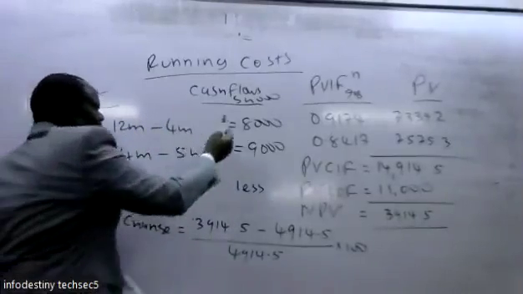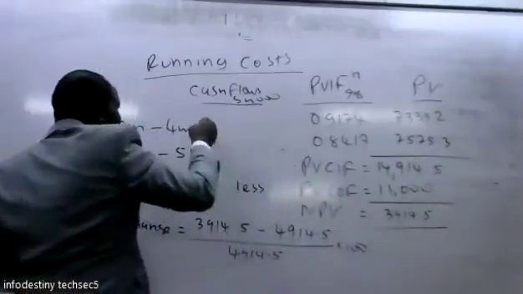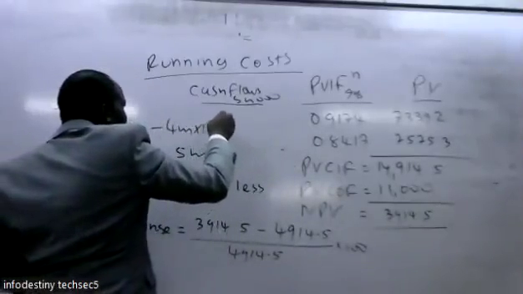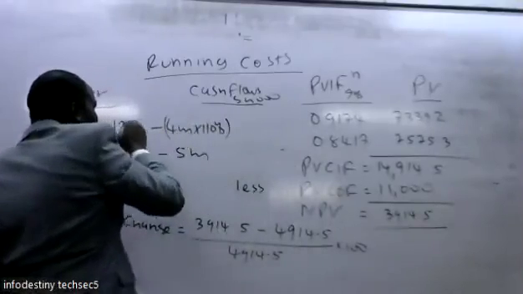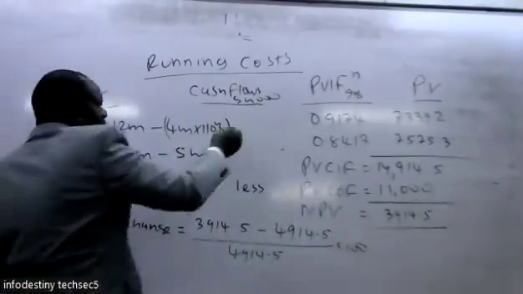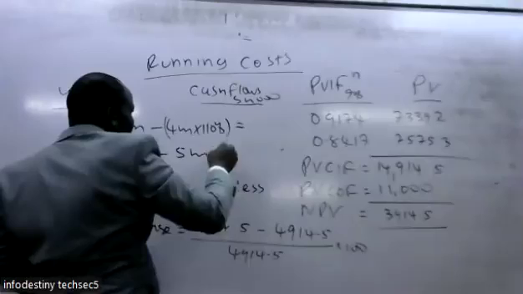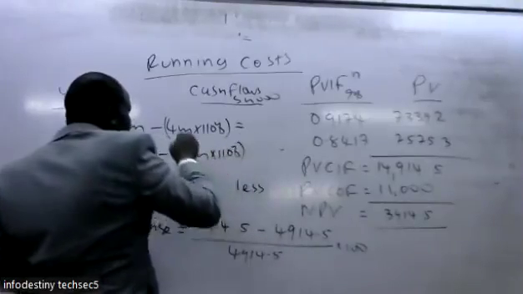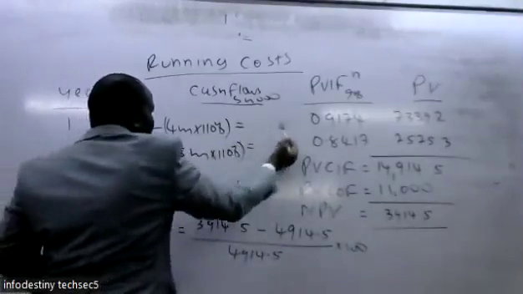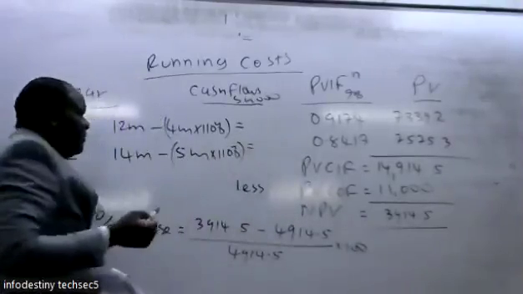So just multiply these figures by 110%, then subtract from the savings to get the cash flow statement. So we just summarize it in this manner.